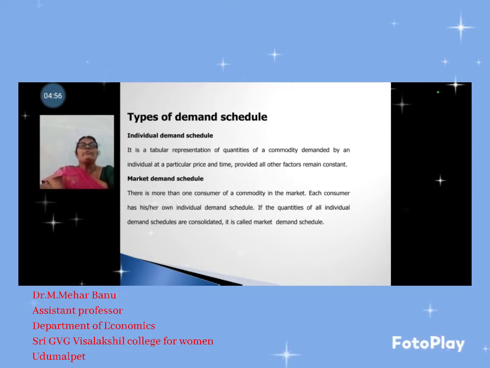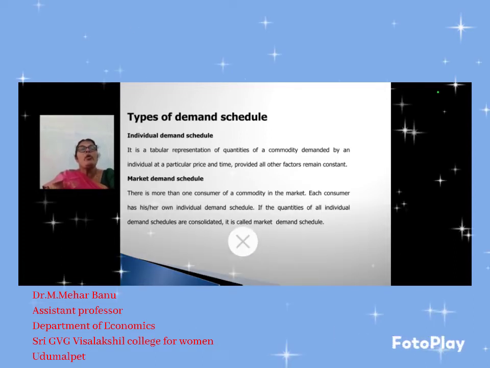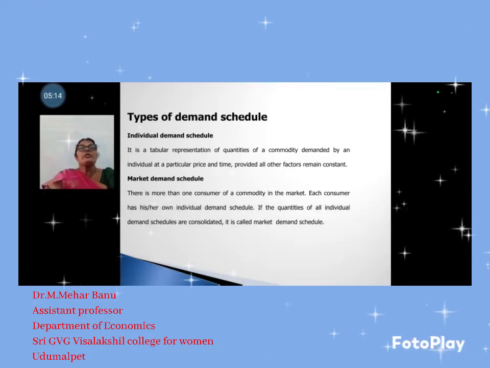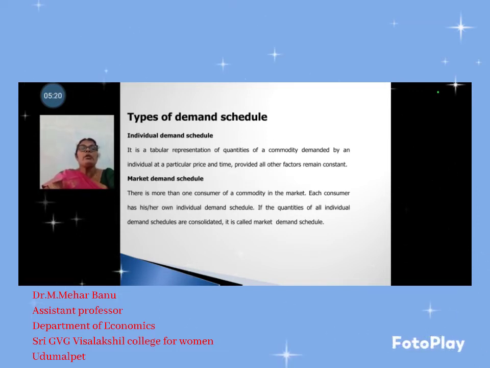Next, we are going to see the types of demand schedule. There are two types of demand schedule: individual demand schedule and market demand schedule. What is an individual demand schedule? It is a tabular representation of quantities of a commodity demanded by an individual at a particular price and time, provided all other factors remain constant. What is a market demand schedule? There is more than one consumer of a commodity in the market.